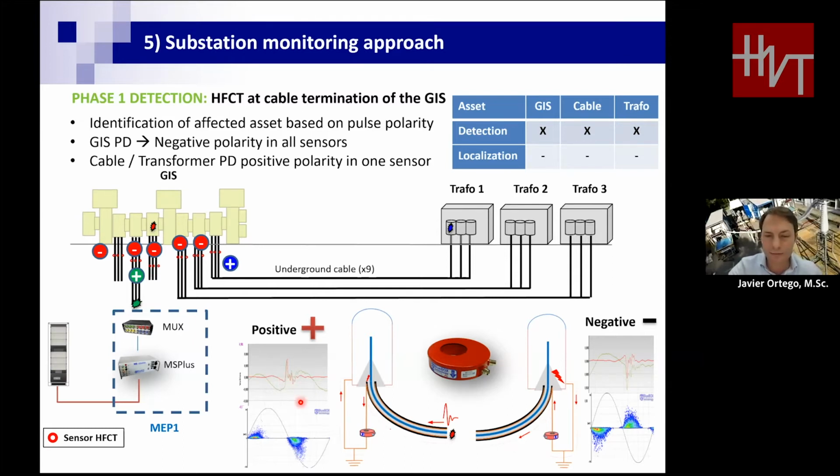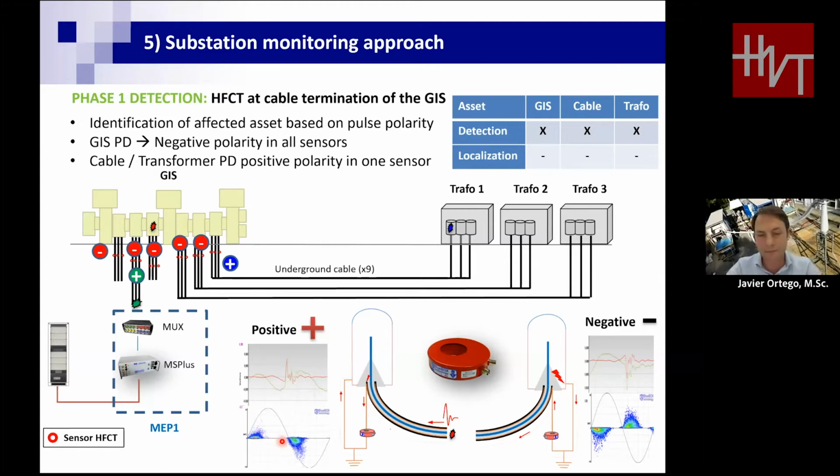So if we have any PD coming from the cable to the sensor, the PD is traveling through the hole of the sensor to go to the ground, and we will have positive polarity when the voltage is positive and negative when the voltage is negative.